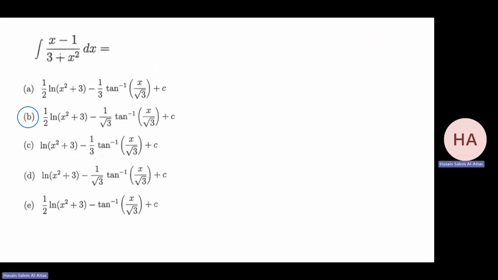Okay, this I will split into 2 parts. I have x over 3 plus x squared dx, which is substitution, minus integral 1 over 3 plus x squared dx. This is 2.5. So I have half ln x squared plus 3. And this one is the tan inverse. And a is what?